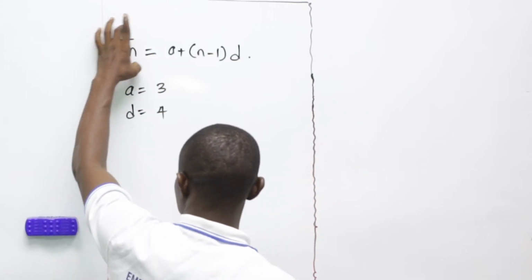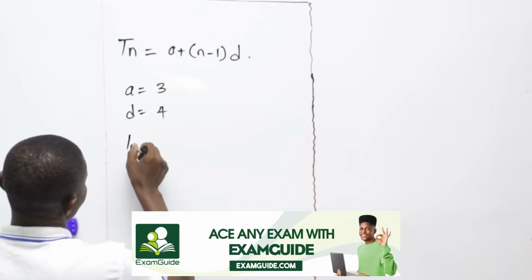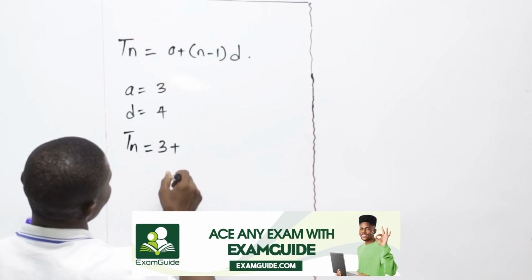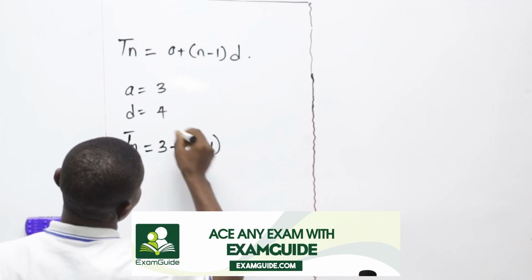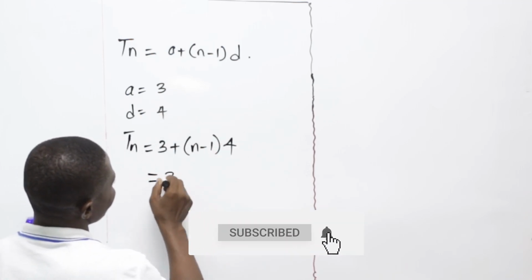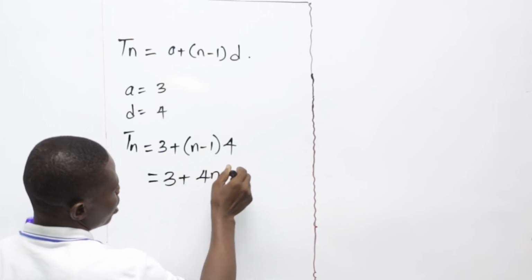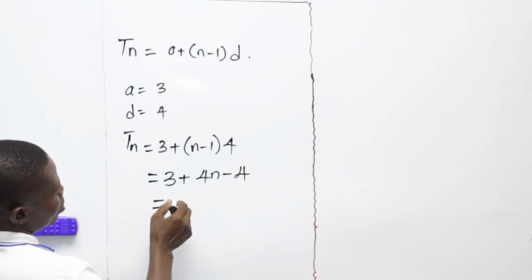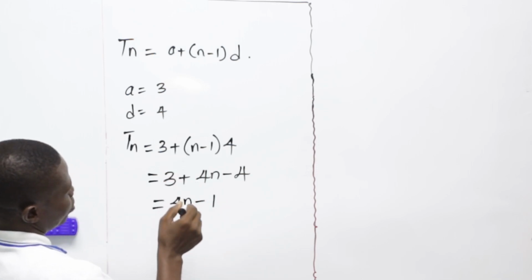So the Tn equals A, which is 3, plus bracket n minus 1 into the common difference, which is 4, to give us 3 plus 4n minus 4, which will give us 4n minus 1.